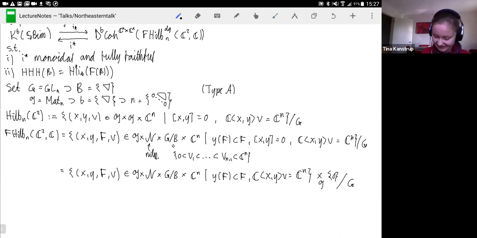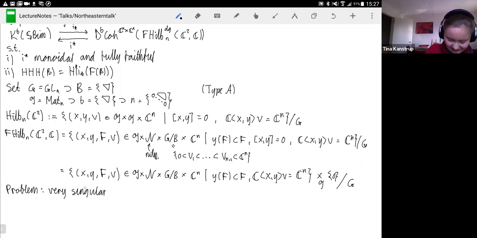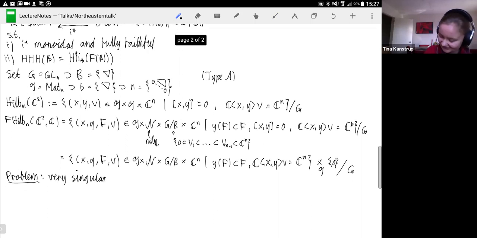This way of looking at it gives a nice way of thinking about it, because the problem is that this is very singular. Derived algebraic geometry tells you that to deal with this, you should replace your fiber product with a derived fiber product, so I should put an L here.